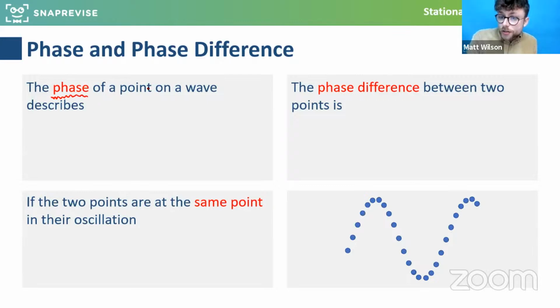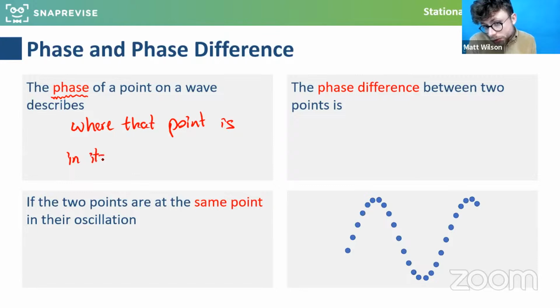So the phase of a point on a wave is a number used to describe where that point is in its oscillation. What we mean by where it is: is it at the start of its oscillation? Is it at the end? Is it halfway through its oscillation? That's what we mean by where is it in its oscillation.